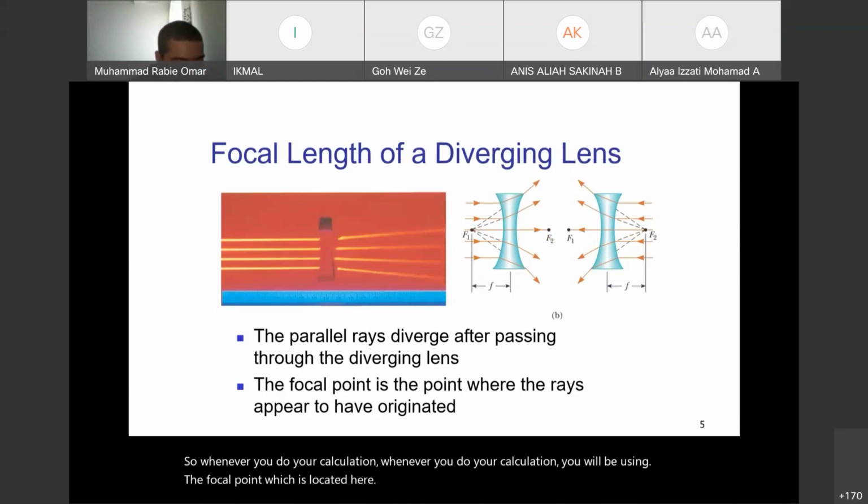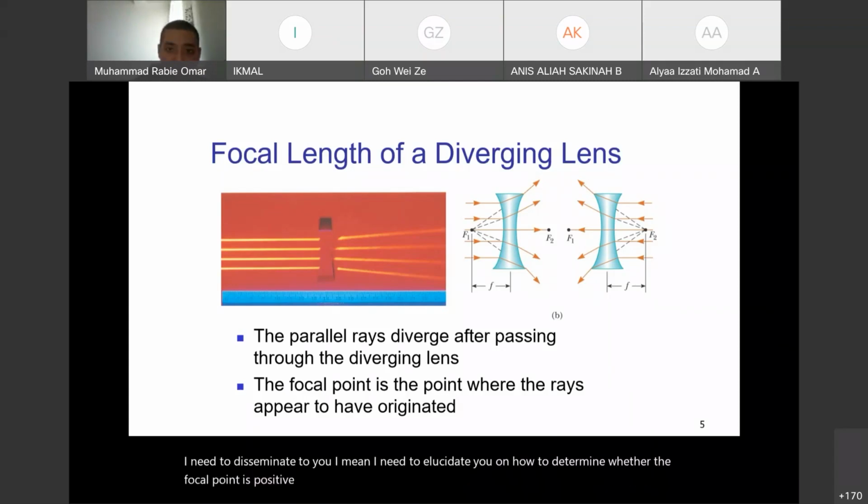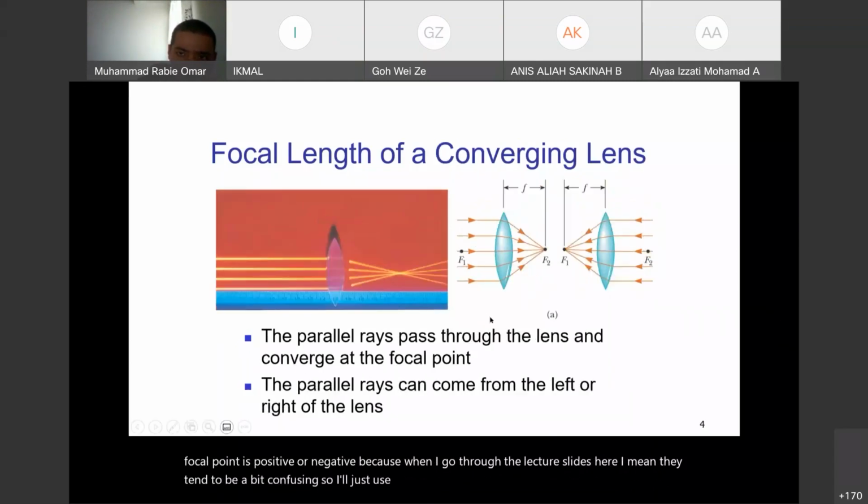Now, I need to elucidate to you how to determine whether the focal point is positive or negative. Because when I go through the lecture slides here, they tend to be a bit confusing. So I'll just use my convention.